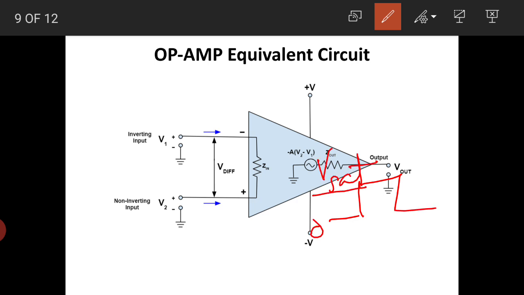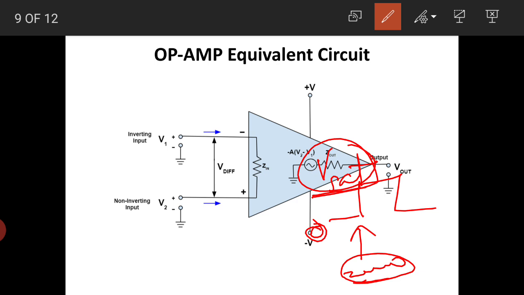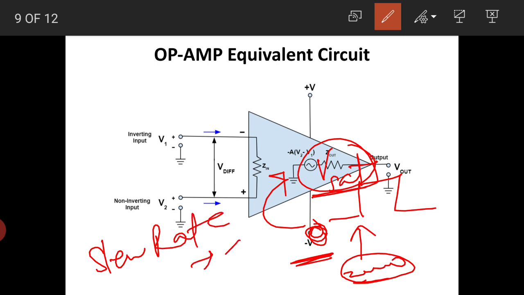In an ideal op amp, it should reach from 0 to V saturation in 0 time, which means no time should be taken to reach this value. This is known as the slew rate. For slew rate, this time should be 0, which means the operational amplifier has a fast, high slew rate. So for an ideal operational amplifier, the slew rate should be infinite.